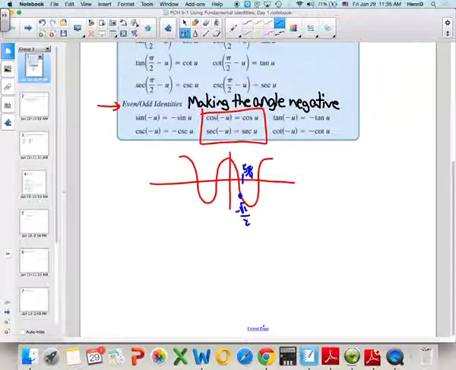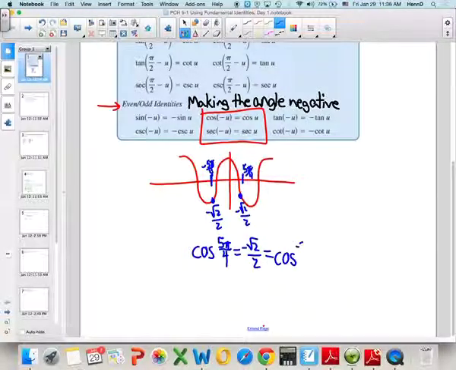If we went to a negative 5 pi over 4, that would be right here. Same thing. You're going to get the same value. It's going to be a negative root 2 over 2. Okay? And that's what we're saying here. If I take the cosine of a positive 5 pi over 4, I'm going to get the same thing, a negative root 2 over 2, that I would if I took the cosine of a negative 5 pi over 4.